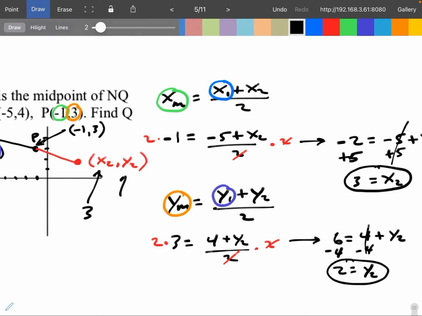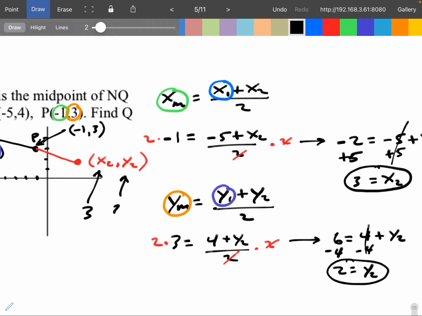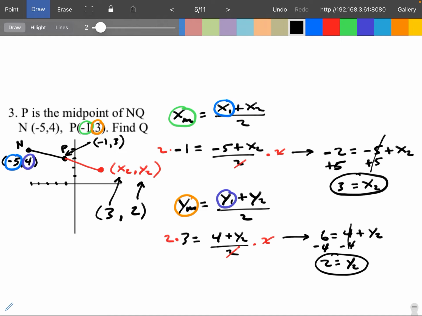All right, so let's put this together on my picture over here. The x coordinate of the missing endpoint was right here. That is 3, right? That's what I found right here. And then the y coordinate of the missing endpoint, that's right here.